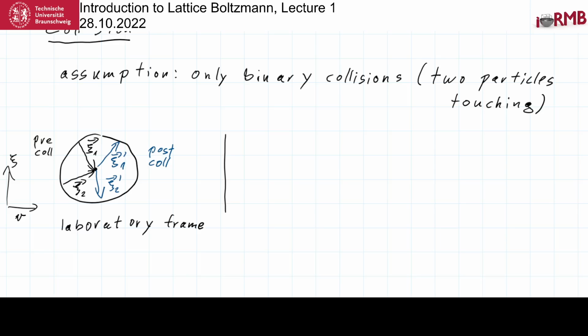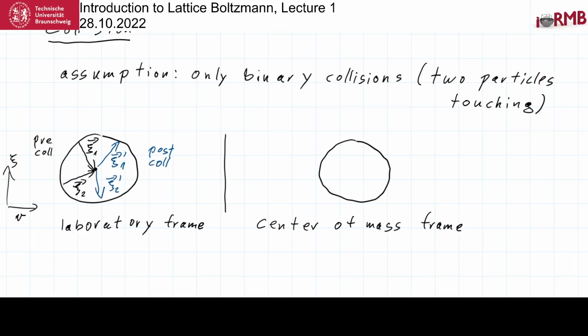There's something else, this is the center of mass. The center of mass frame is one that we need quite often. So we can draw the same picture in the center of mass frame of reference.